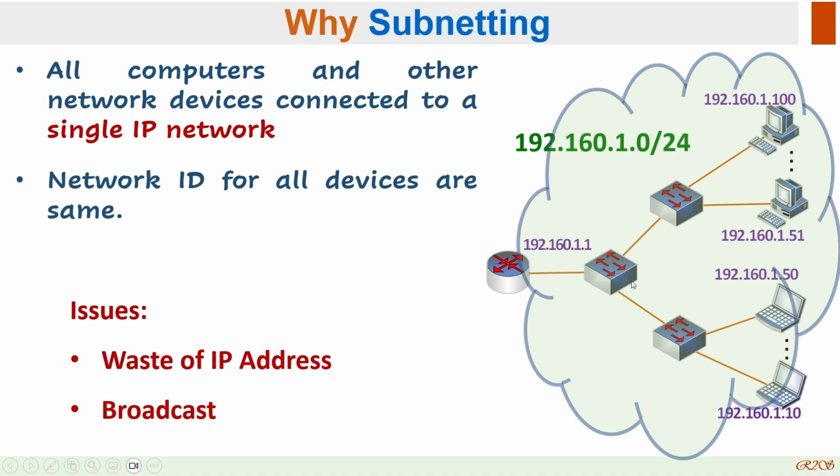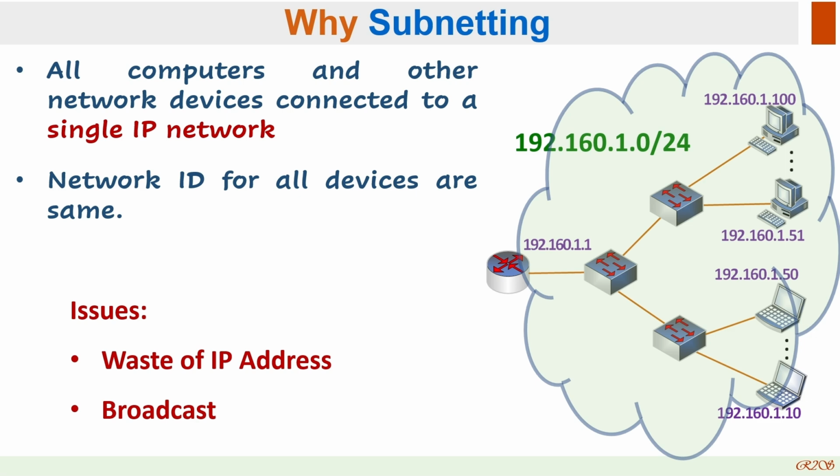In this one organization there might be only 50 hosts or 50 devices. So if we do not do any subnetting, all the other IP addresses are not being used, they are wasted. So to reduce the IP address waste, we can do the subnetting.